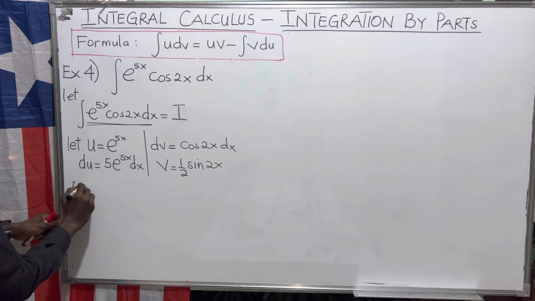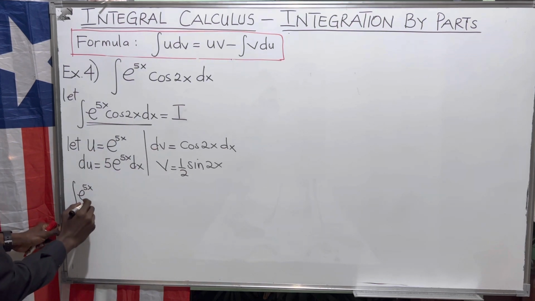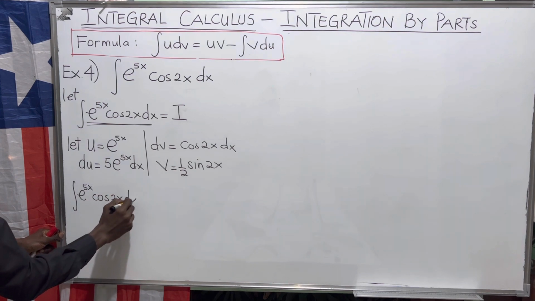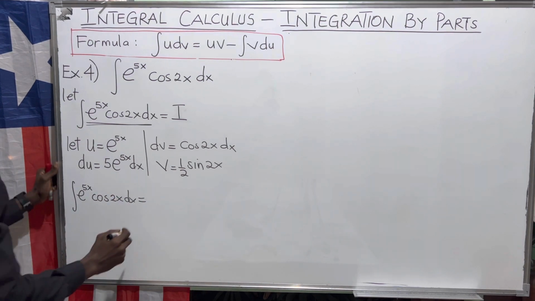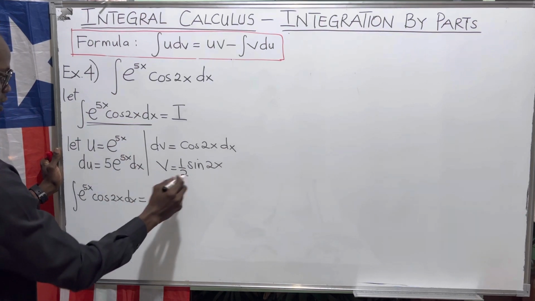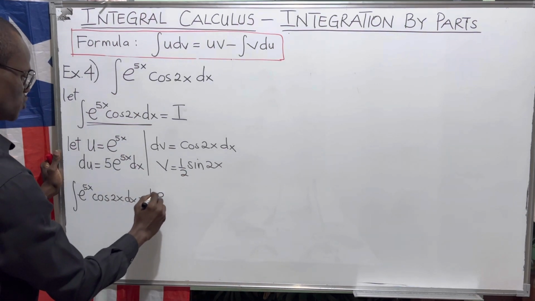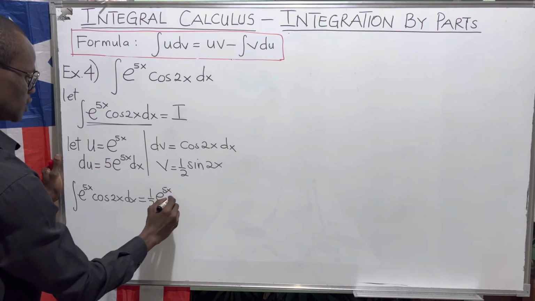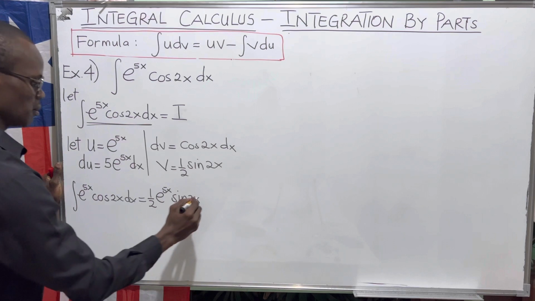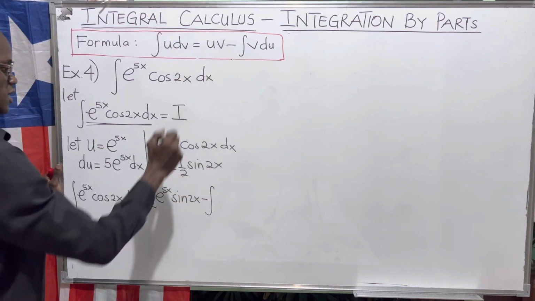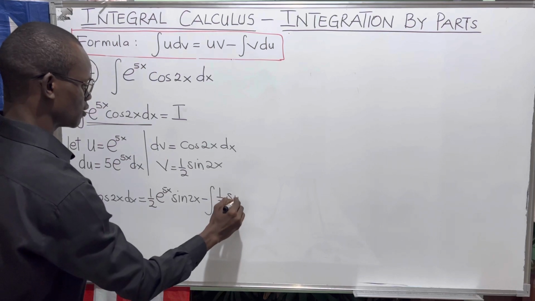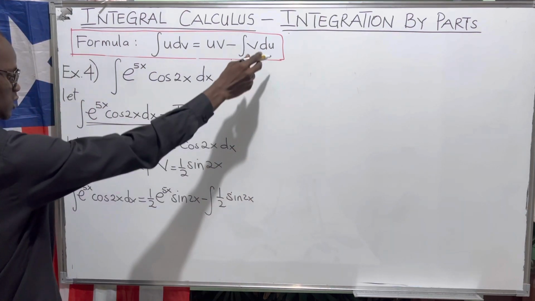U is e raised to the power 5x, dv is cos of 2x dx, and this is equal to uv. With u and v, it's 1 over 2 e raised to the power 5x times sine of 2x, so it's uv, minus the integral of v, which is 1 over 2 sine of 2x, du.